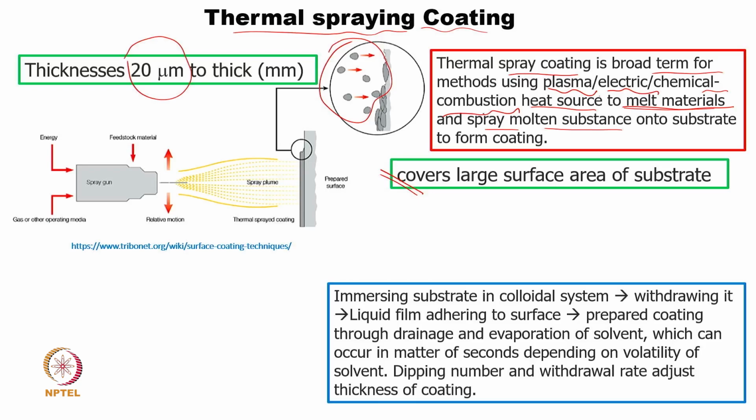So, thermal spray coating contains a heat source and a spray gun which is really directed so that we get appropriate coating.